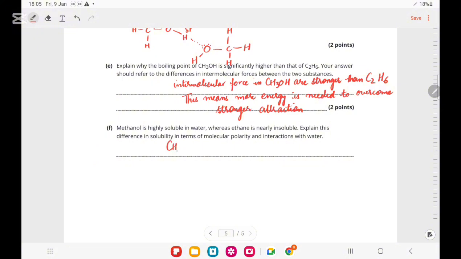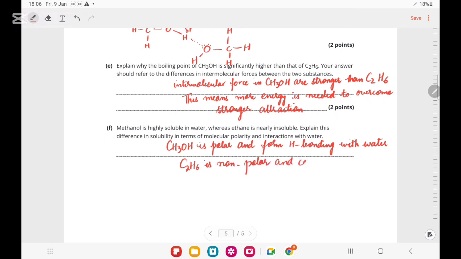We know CH3OH, methanol, is polar and forms hydrogen bonding with water, while C2H6 is non-polar and cannot form favorable interactions with water.